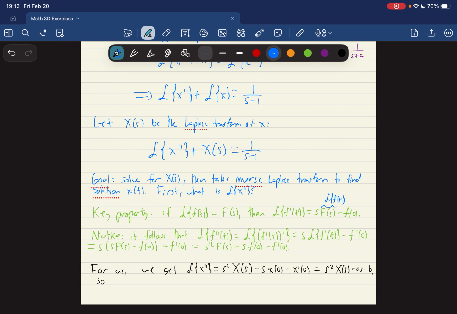So I'm going to denote this equation by star right here. From star, we get that s squared X(s) minus as minus b, plus X(s) is 1 over s minus 1.